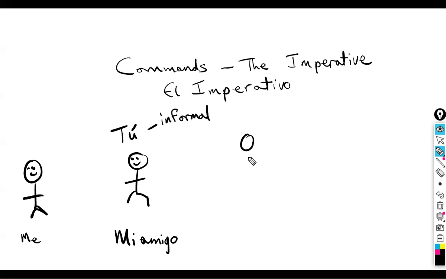If I'm talking to my teacher, mi profesor, then I would use the usted form, which is the formal command.